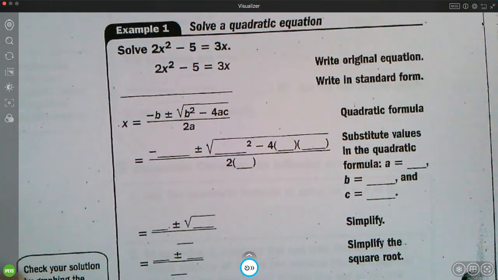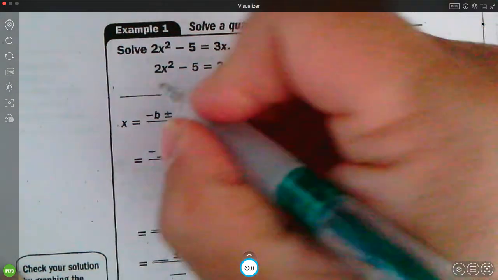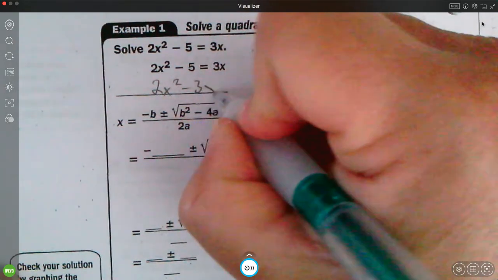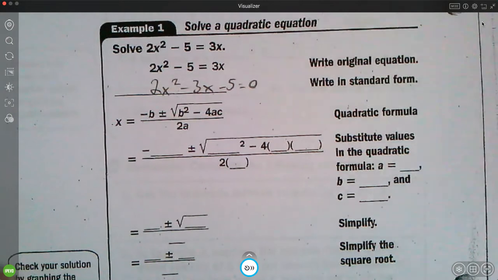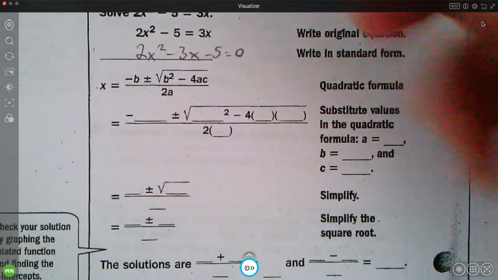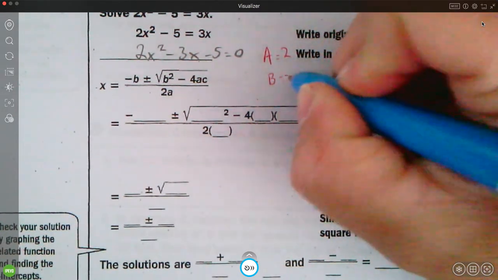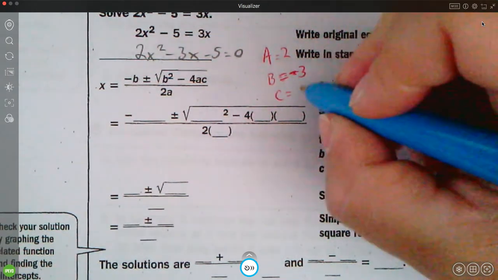The first thing we have to do is write it in standard form. So if you minus 3x on both sides, you're left with 2x squared minus 3x minus 5 equals 0. Now this has a lot of it. So our a value, b, and c value. I'll just write here a equals 2, b equals -3, and c equals -5.